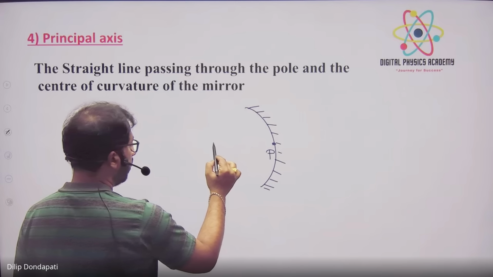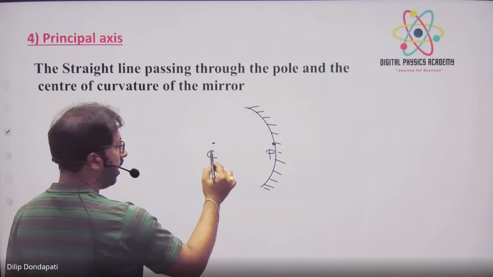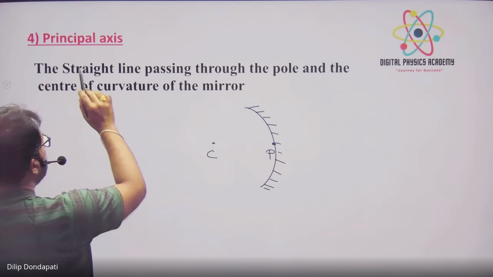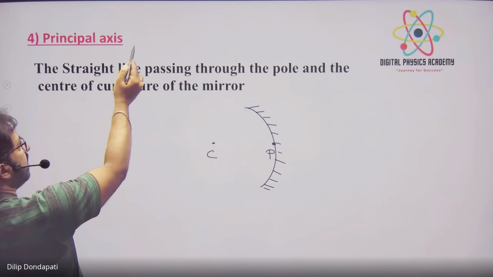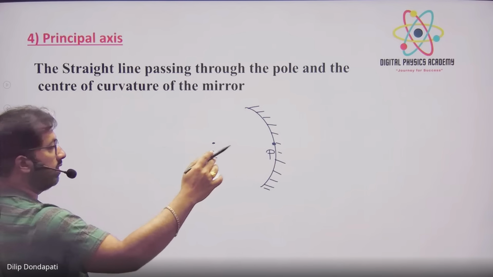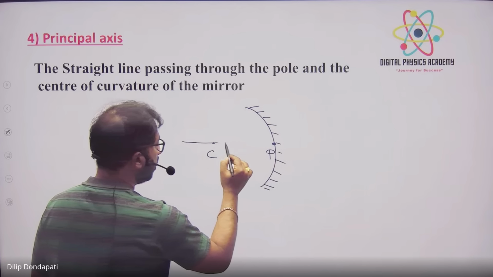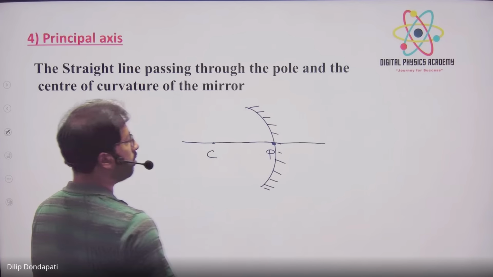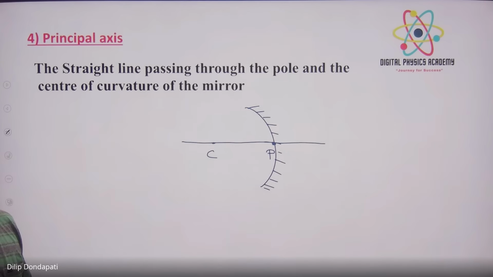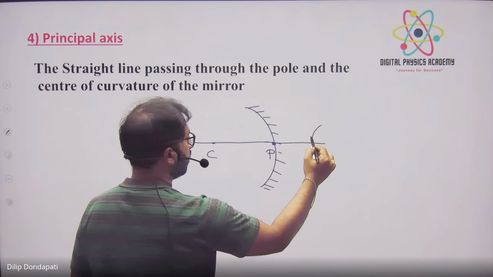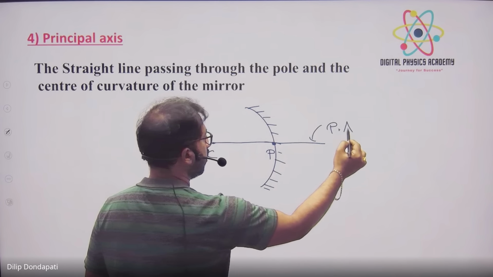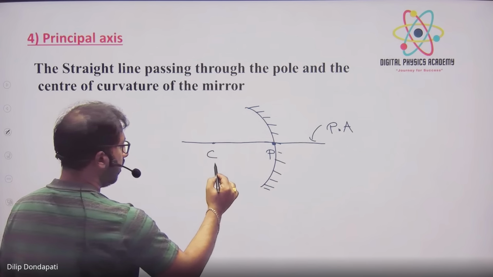This point is nothing but center of curvature, and this is the radius. Now what does principal axis mean? The name itself indicates axis, right? Like x-axis, y-axis. A straight line passing through the center and the pole is called principal axis. This axis we call as principal axis. And this is the radius of curvature.